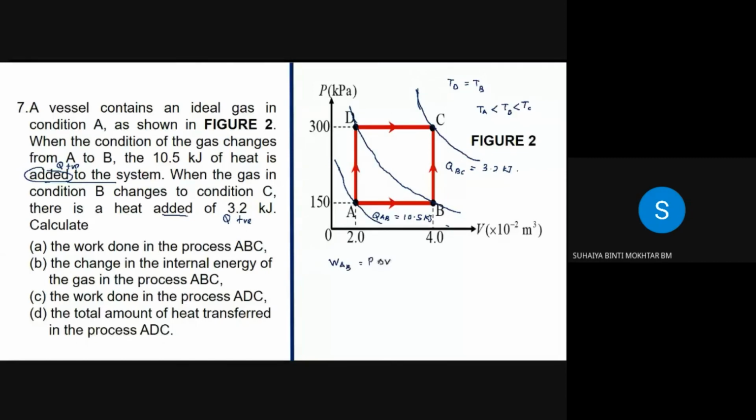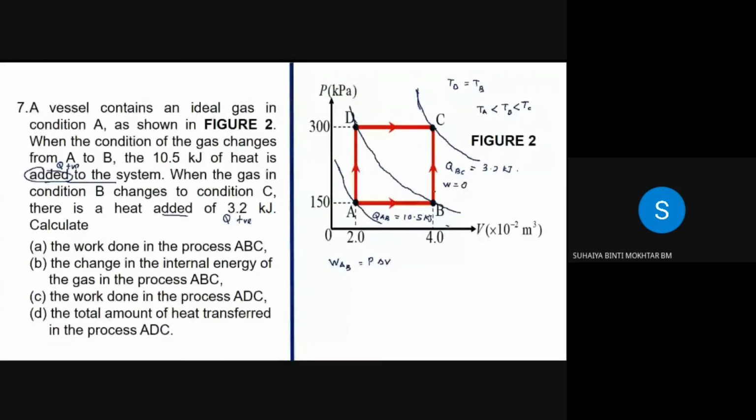So use P delta V. P here is 150 kilopascal and delta V final kita 4 times 10 power negative 2 minus 2 times 10 power negative 2. So you can determine work done AB. Work done BC, BC here, work done ni equals to 0, right? Isochoric.